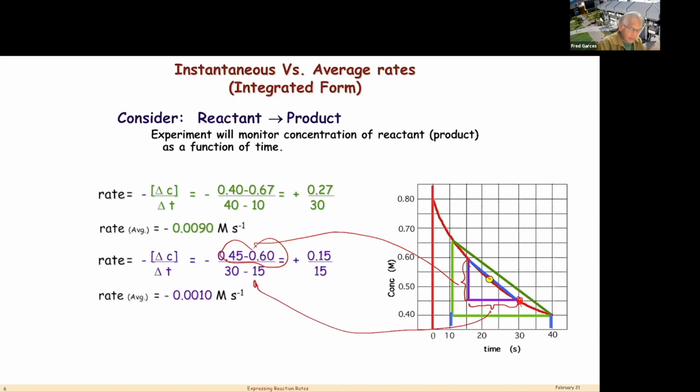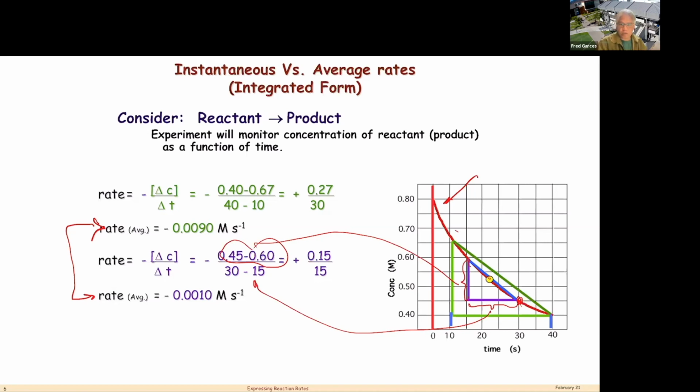And when you do the math, you come up with 0.0010, and you notice these two are not the same. The rate here is smaller than the rate here. It'll change over that period. Okay, it's very fast at the beginning, it's very slow at the end. So you have to define what section, what place you are looking at.